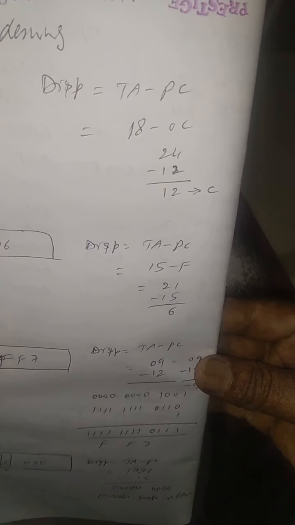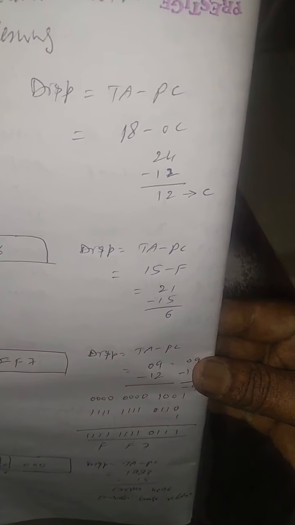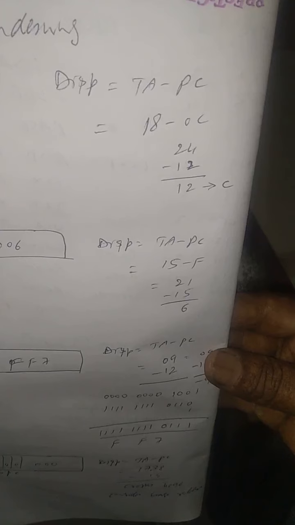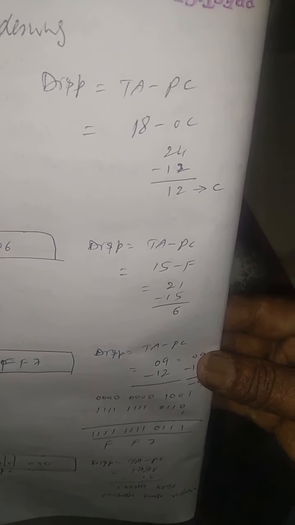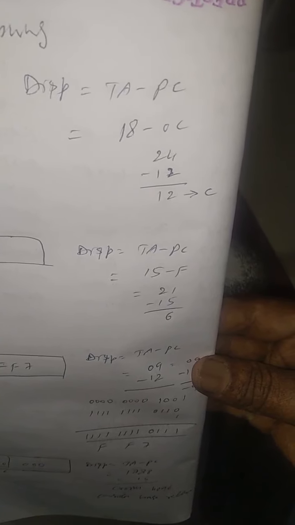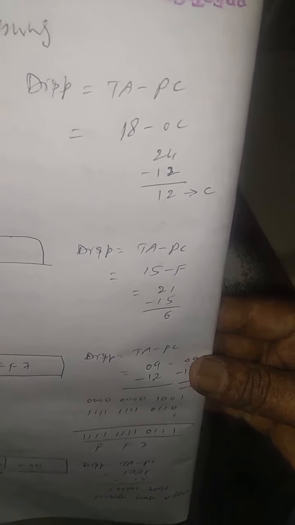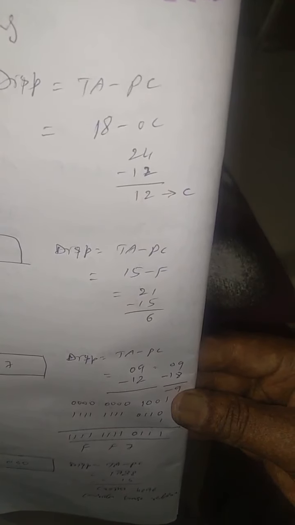So PC will point to the address of the next instruction to be executed. Already you know that. The target address is at location 18, which is in hexadecimal, minus the PC value is 0C. So if you convert them into decimal, it becomes 12, which is nothing but C.